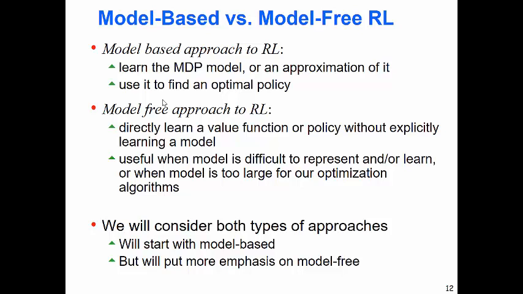What's a model? The reward function. How much memory do you need to store the reward function? Yeah, states times actions, right? That much memory if it's a state-action reward function. How about the transition function?